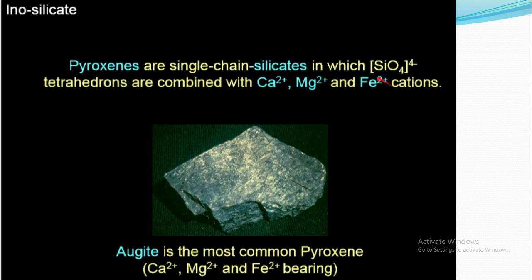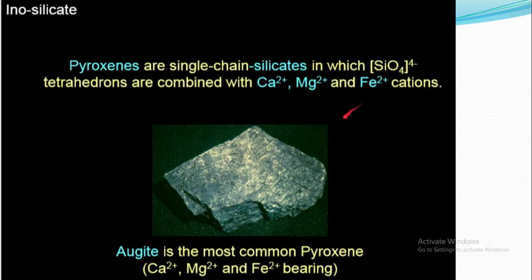These are the cations and this is the anion. This SiO4 will be combined with this calcium, magnesium, iron. So you just remember what I have discussed, how the tetrahedron fits with the cation.